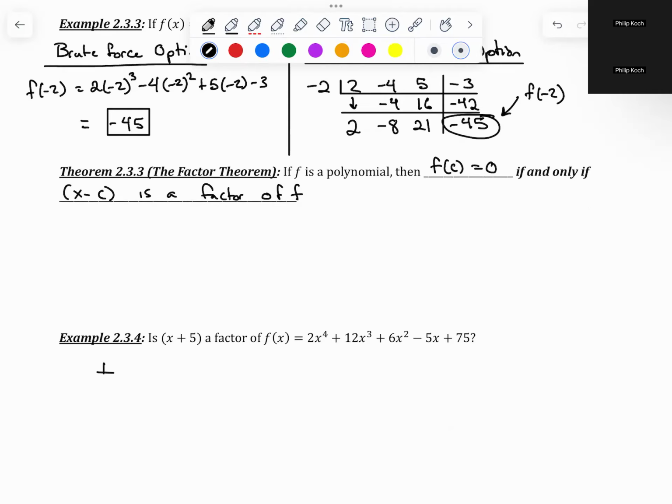If x plus 5 was a factor, then, by the way, this is x minus -5 to get it in the format of x minus c. So if that were a factor, then f of -5 would equal 0.